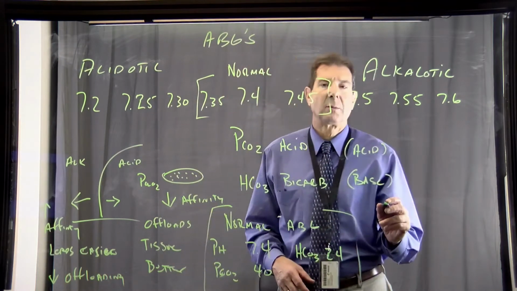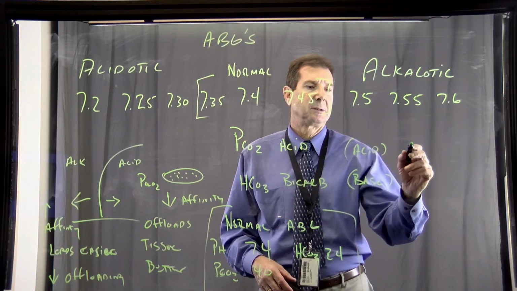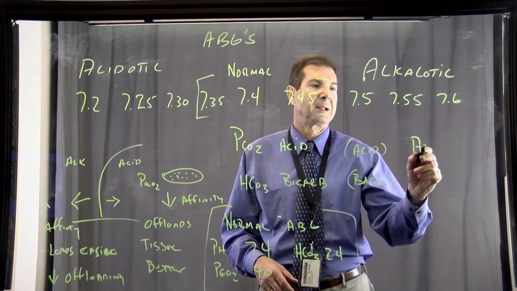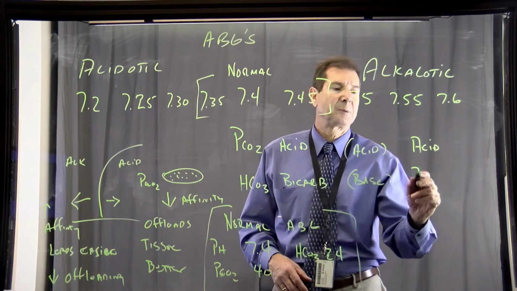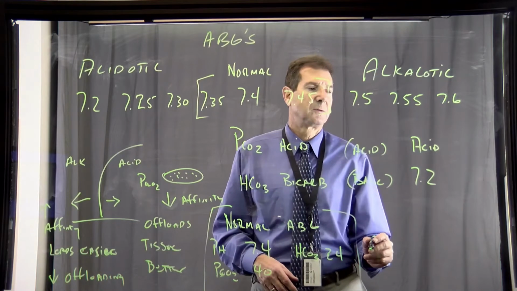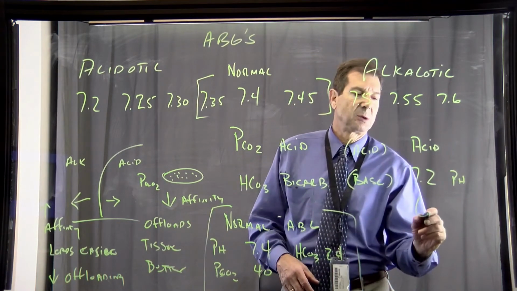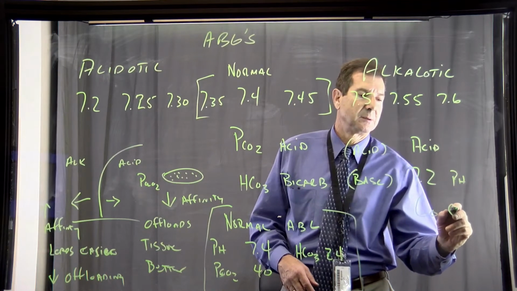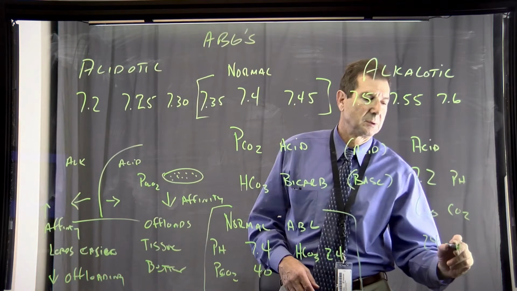And so we'll take a blood gas that is acidotic. How about a 7.2 for pH? And we have a CO2 of 60, and we have a bicarb that's normal.